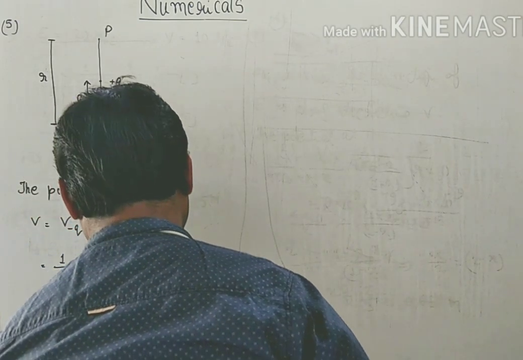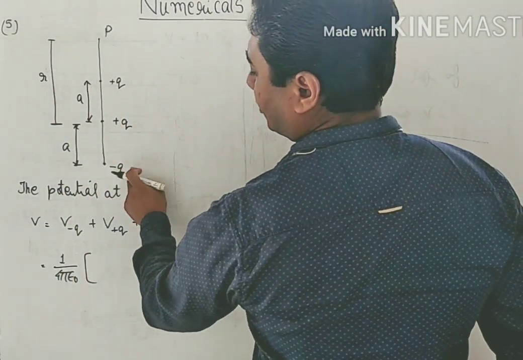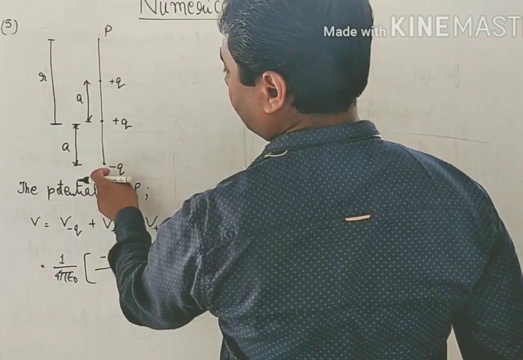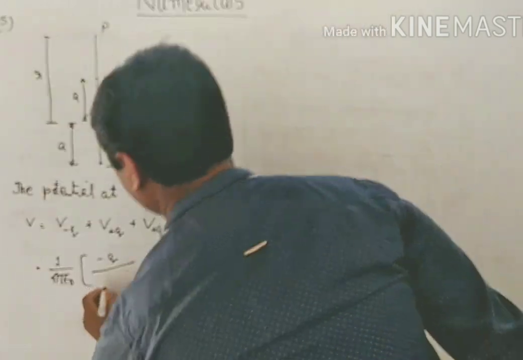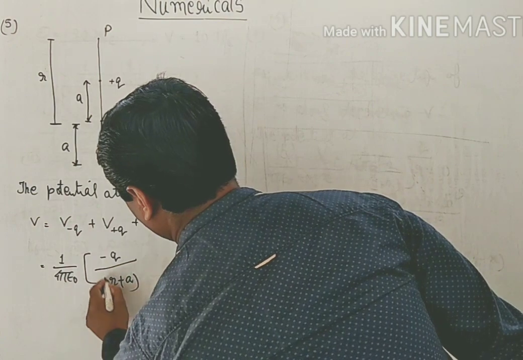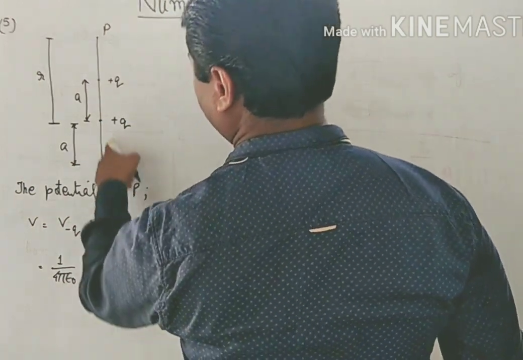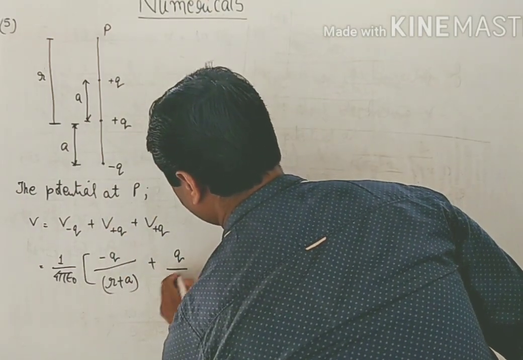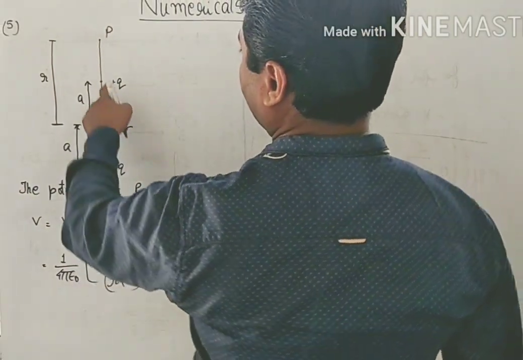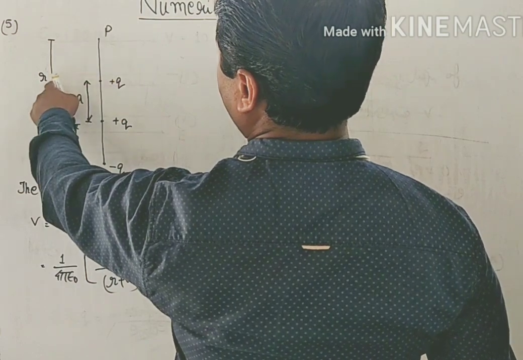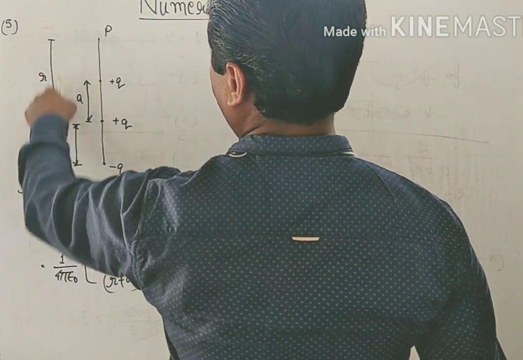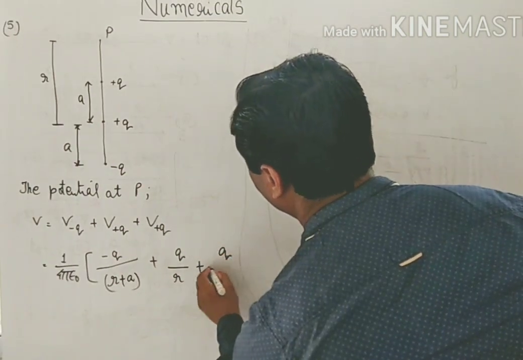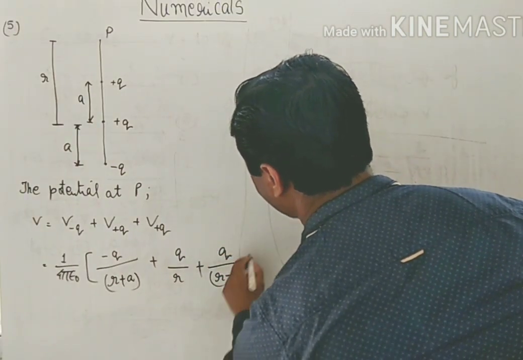Due to this charge it is minus Q upon the distance of the test point, which is R plus A. Plus, due to this plus Q charge, the distance is R, so Q upon R. Plus, again due to this plus Q charge, the distance is R minus A, so Q upon R minus A.